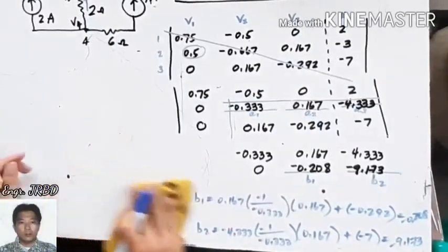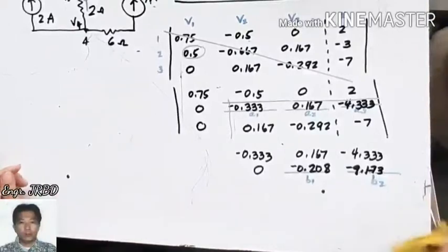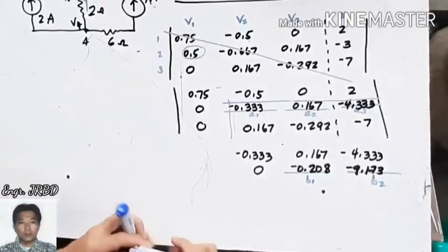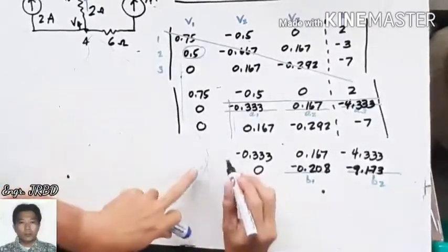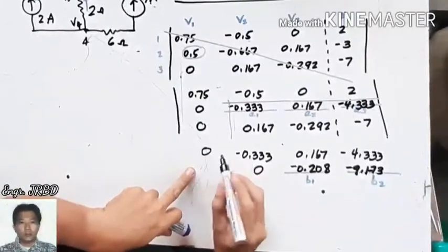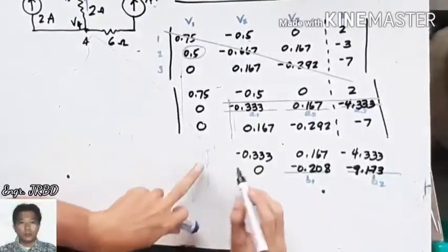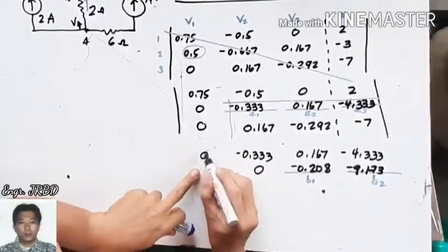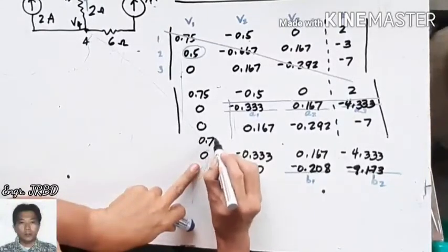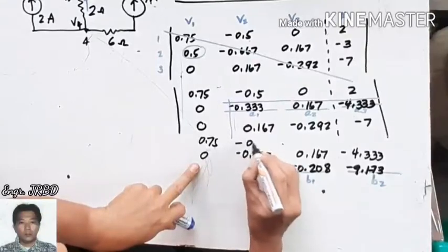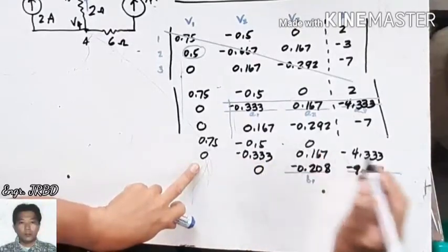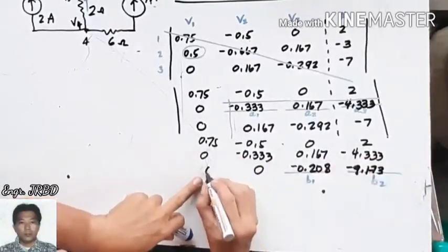Okay, so what we will be doing next, to complete the solution, is to write down the entire matrix. This is 0, 0.75, negative 0.5, 0, 2. This is also 0.